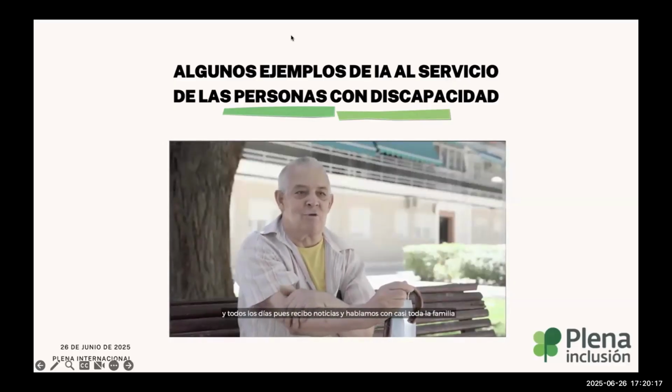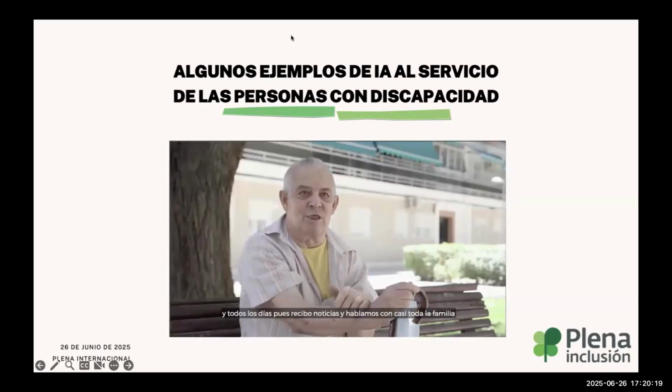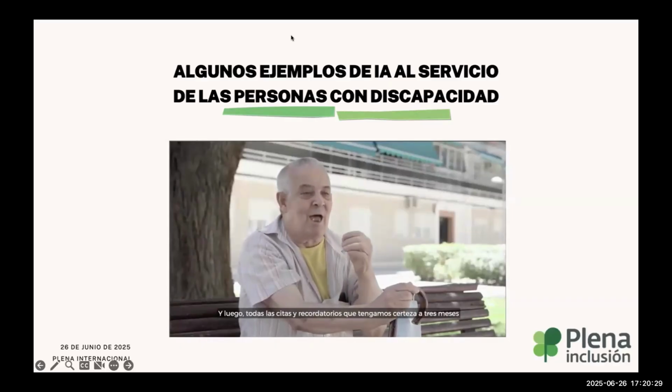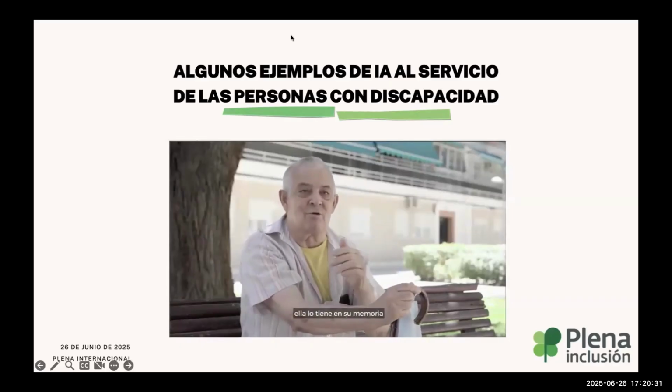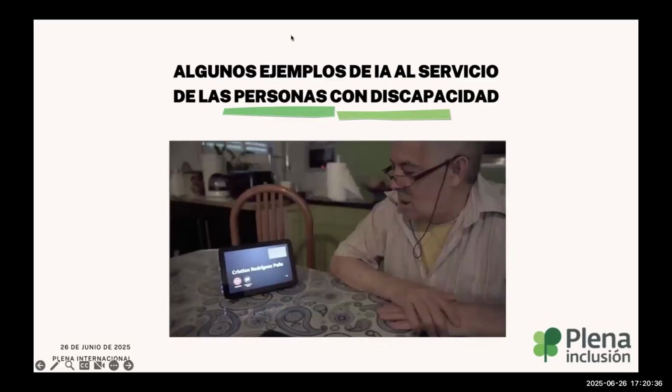I talk to them every day with Alexa, and every day I get some news, and we talk to almost the whole family. And then all appointments and agenda issues, for 3 months, it's everything in her agenda.